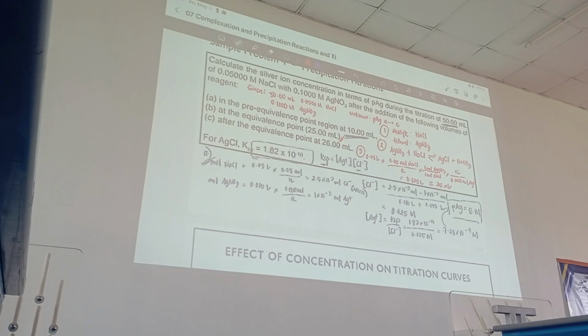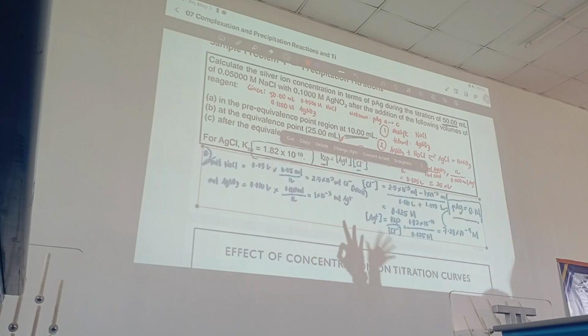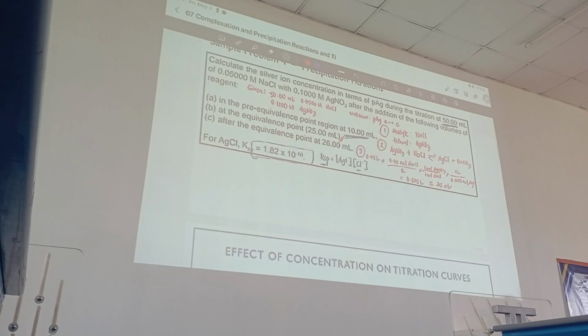Question natin. Okay. At equivalence point, we need to assume an equivalence point. Tingnan na tayo ng ginamang reaction in full equilibrium.